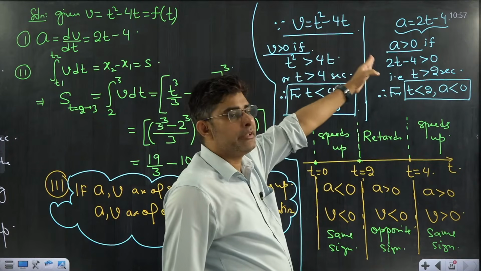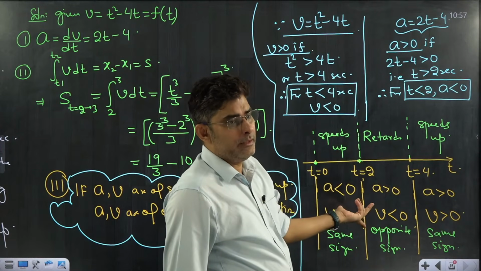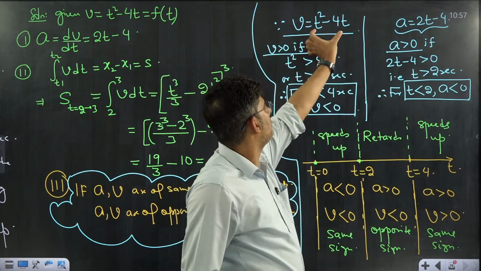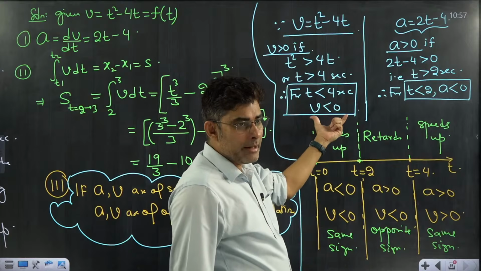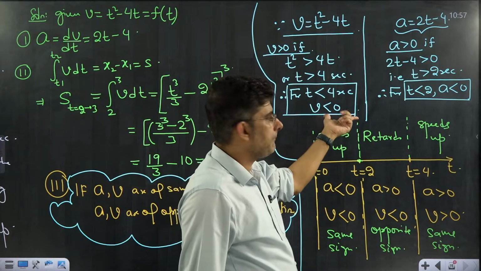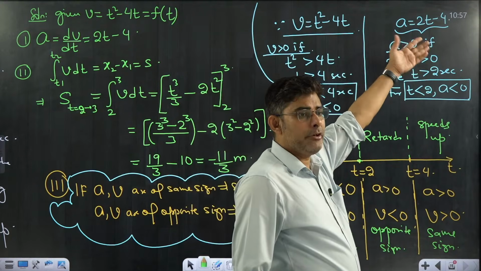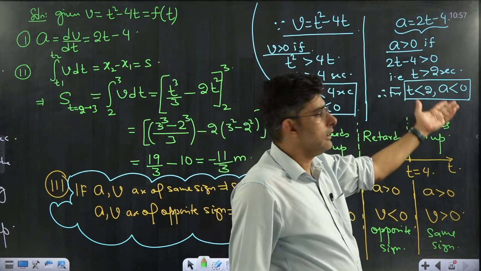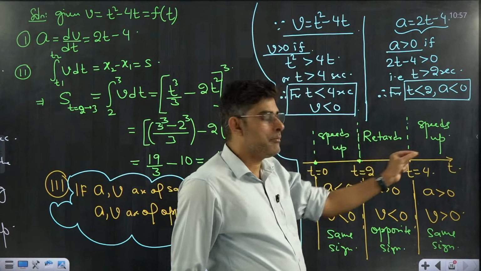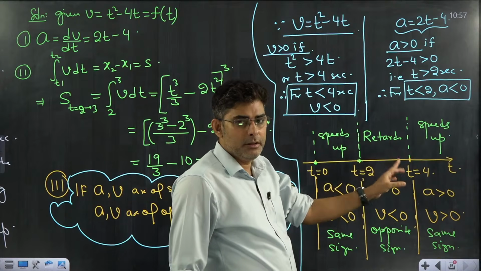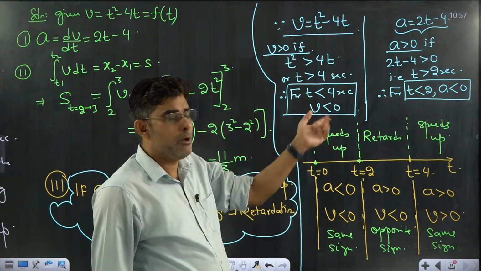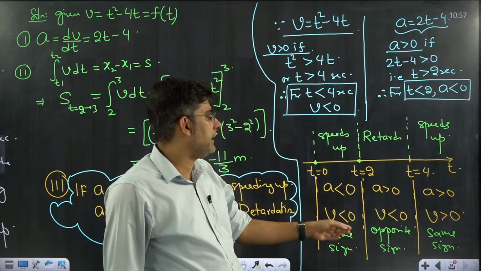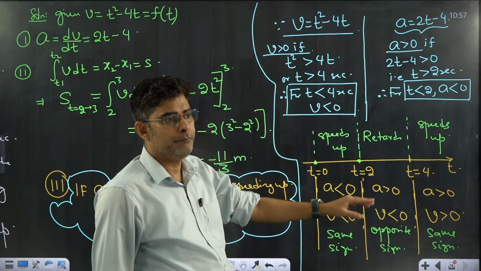Check where they are of the same sign and where of opposite sign. Velocity positive, this term should become positive, you get the time range. Velocity negative, you get the time range. Acceleration, where it is positive, where it is negative, you got that. Then on a simple number line mark the times. Wherever they are of the same sign, the particle is speeding up. Wherever they are of opposite sign, the particle is slowing down.